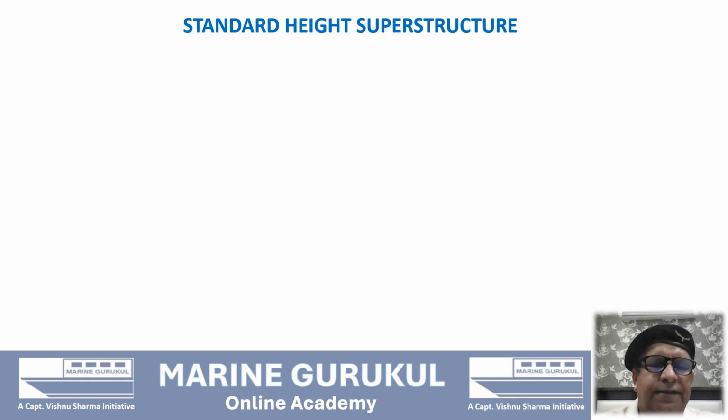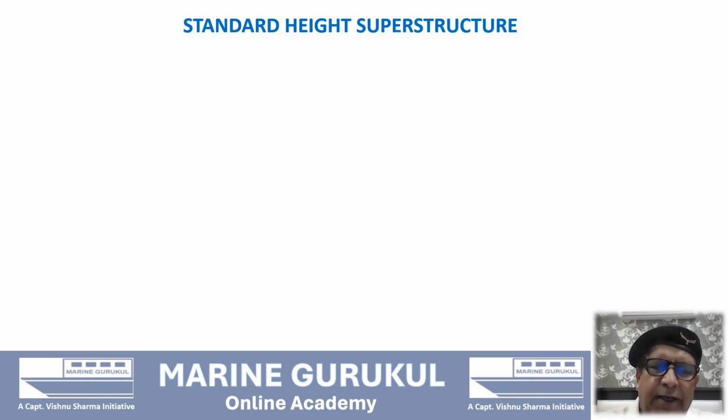We had just defined what a superstructure means. Now every superstructure may meet the certain minimum height criteria, and then it shall be called as a standard height superstructure or a superstructure of standard height.